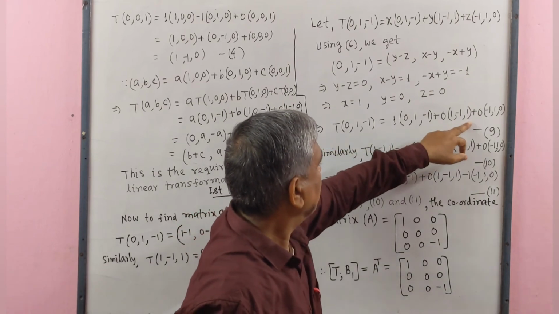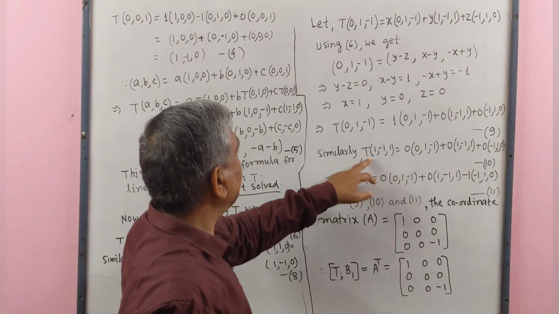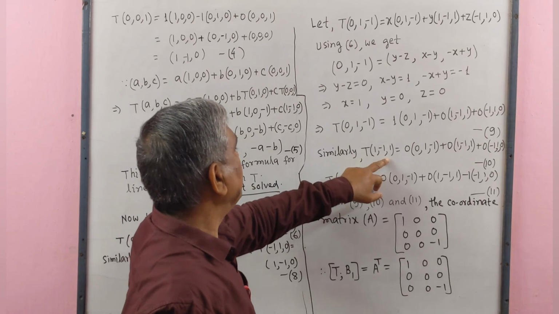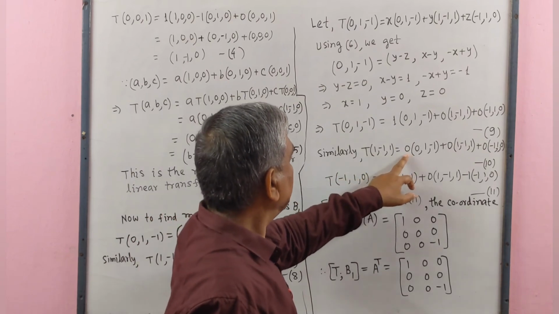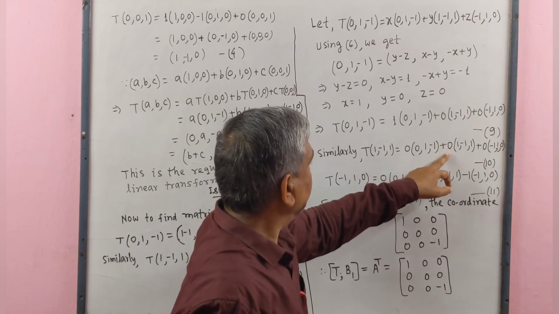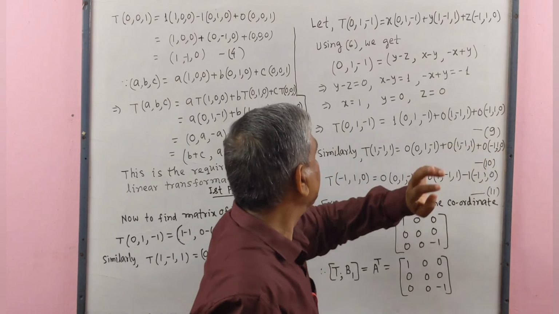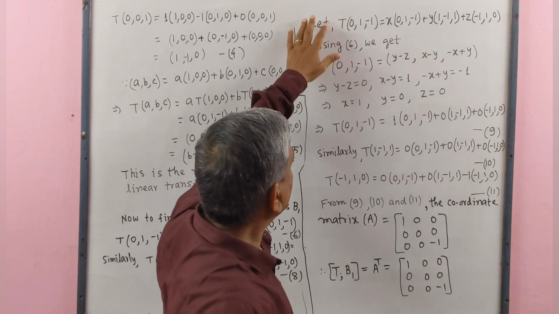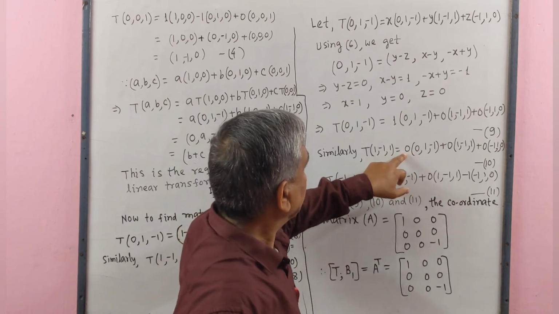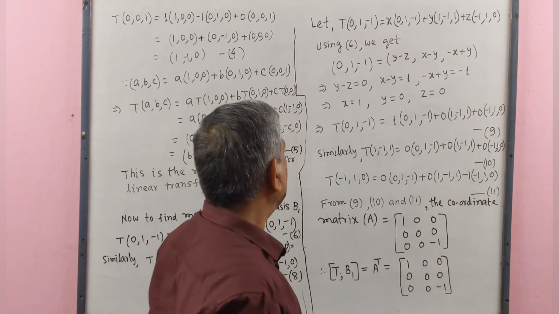So we put x equal to 1, y equal to 0, and z equal to 0, and we get this value, number 9. Similarly, the linear transformation of the second element of basis B1 will be 0 times the first element of B1 plus 0 times the second element of B1 plus 0 times the third element of B1. Similar to the first, we may find the coordinates 0, 0, 0.